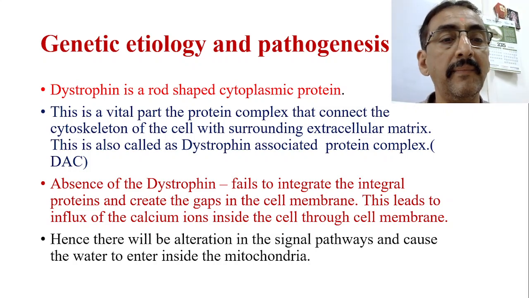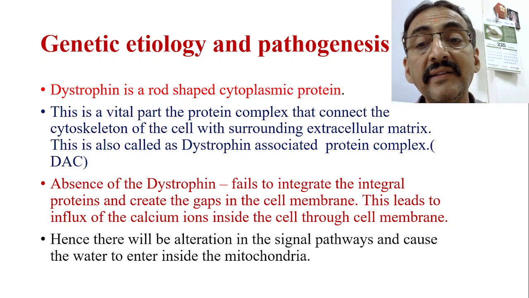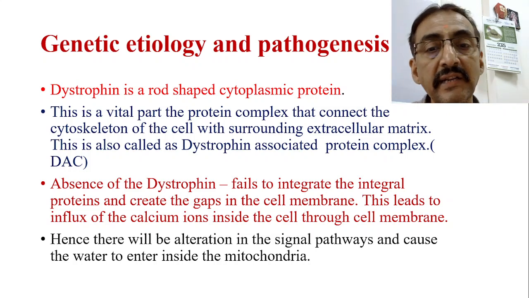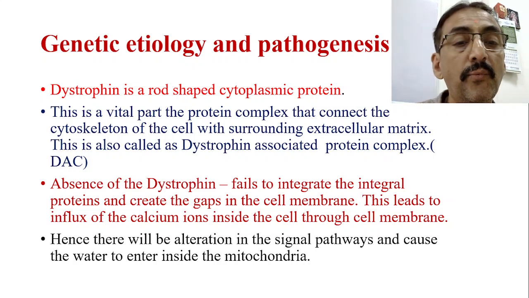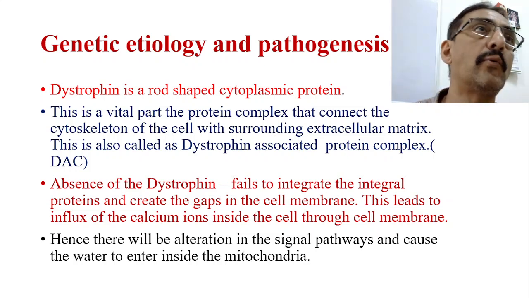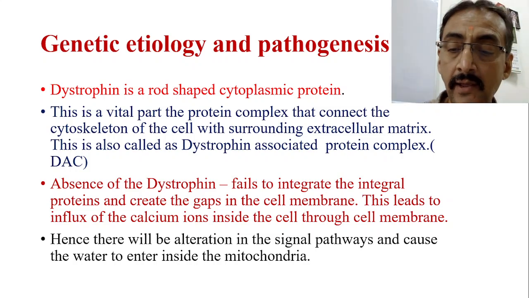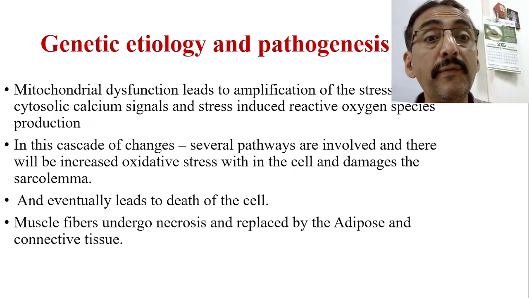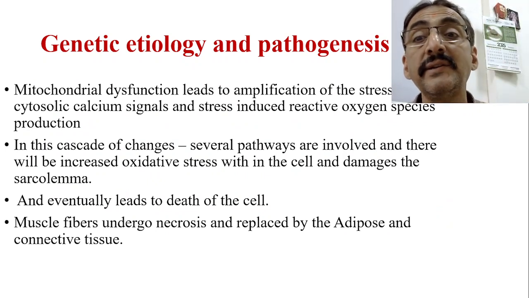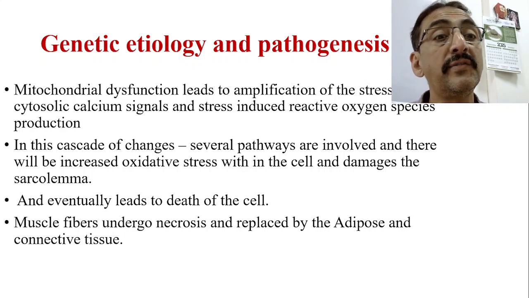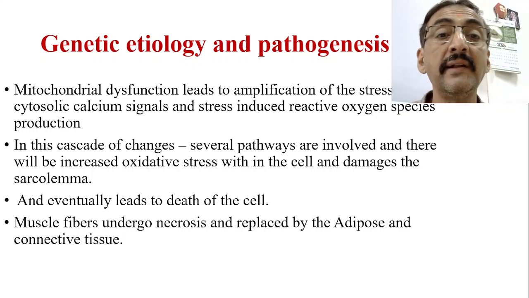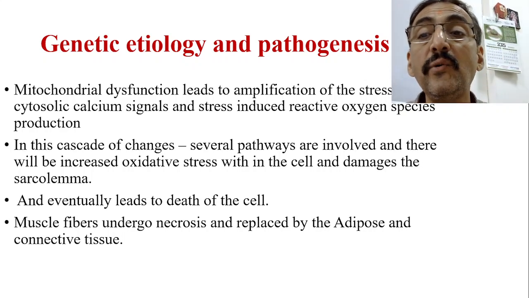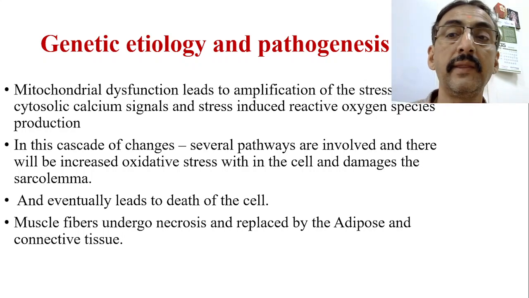Hence there will be alteration in the signal pathways, which causes water to enter inside the mitochondria. So the mitochondrial dysfunction leads to amplification of stress-induced cytosolic calcium signals and stress-induced reactive oxygen species production.